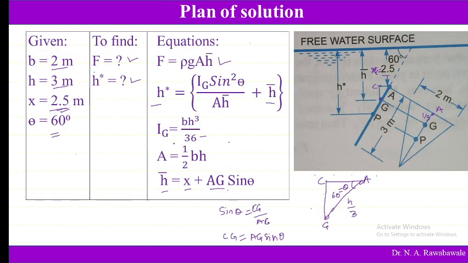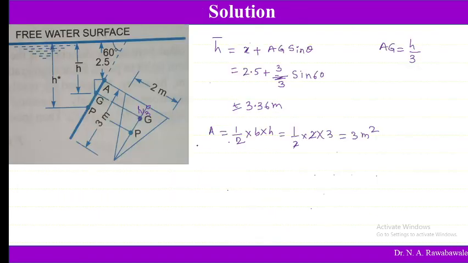Now we can find out Ig, which is equal to bh cube divided by 36 for a triangular plane. B is 2, h is 3, cubed, divided by 36.